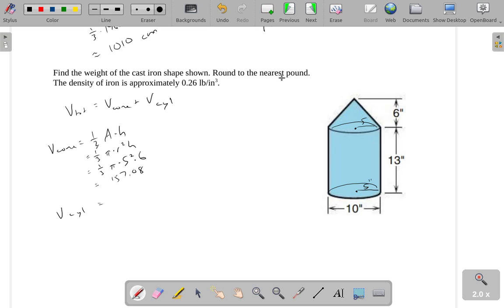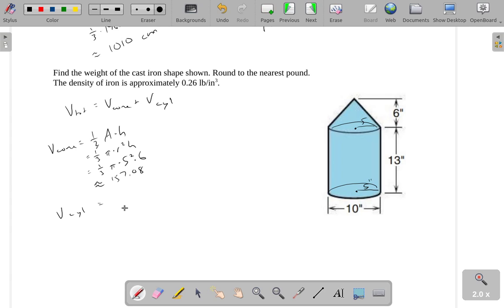I'm going to be rounding this eventually to the nearest pound. If I end up needing more than 4 decimal places of accuracy, I could always go back and fix this. So I might show that I rounded here by doing an approximately equals. I'm pretty sure 5 decimal places is going to be more than enough.